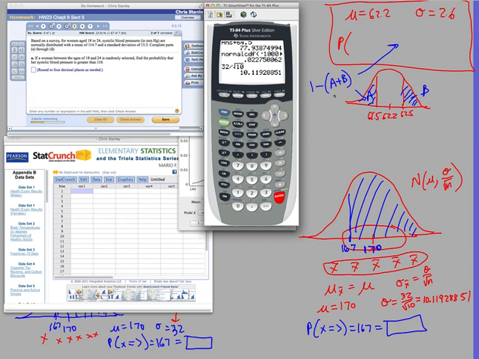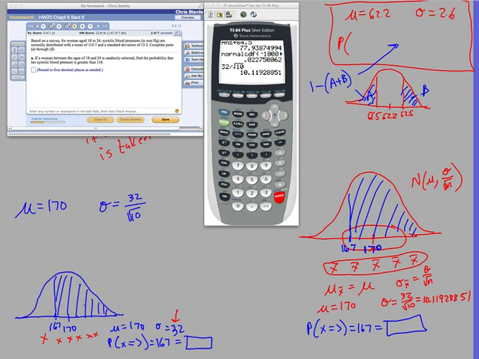Look real quick. If you were going to do it on StatCrunch, the average would be 114.7. The standard deviation would be 13.3.